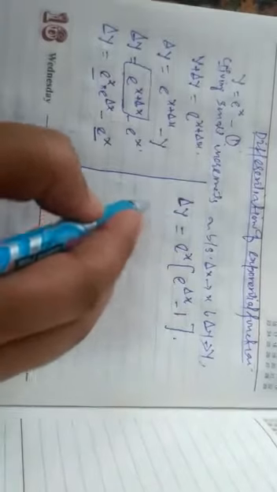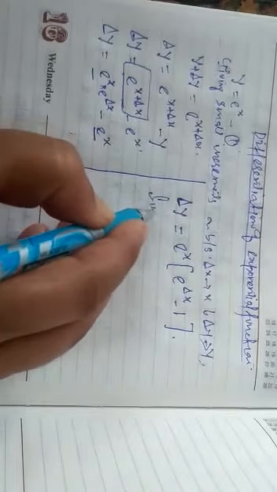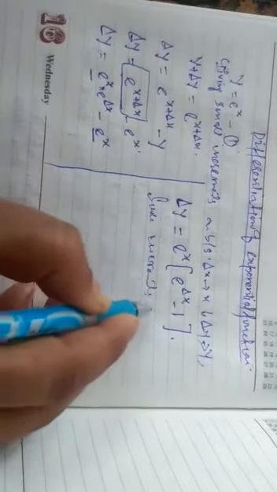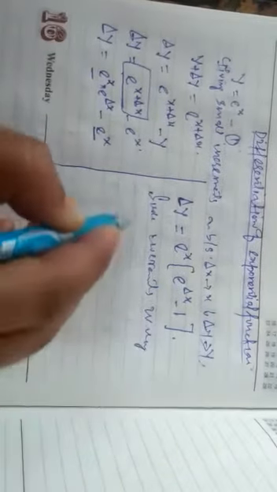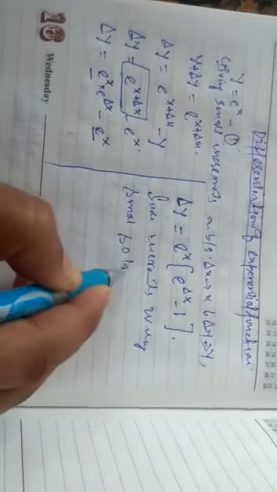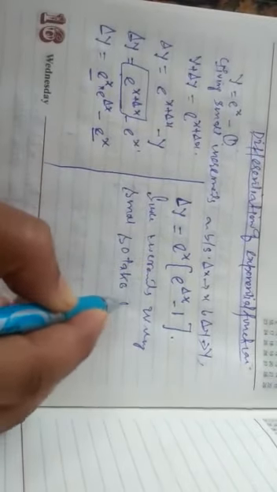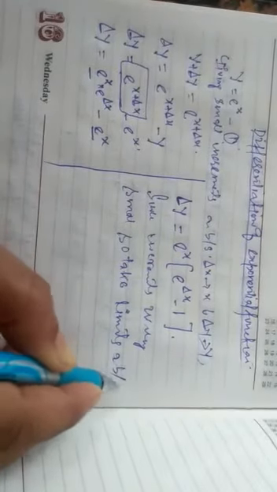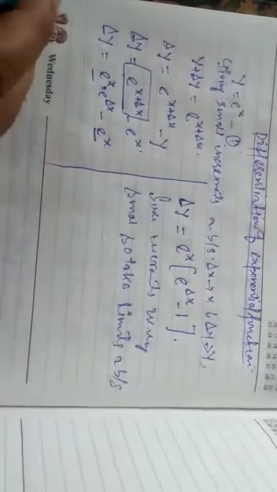Now the increments are very small, so take limits on both sides.